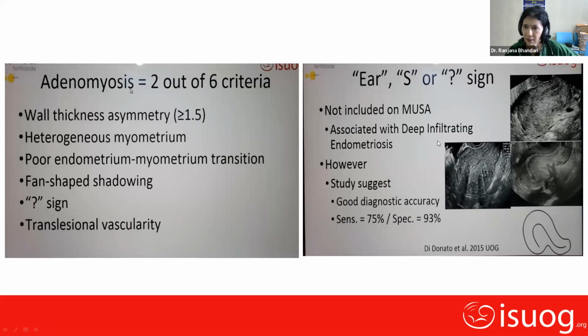See, in this case, this is a uterus, transvaginal scanning. I think you can see my arrow. This is the anterior wall, this is the posterior wall, and this is the cervical portion.